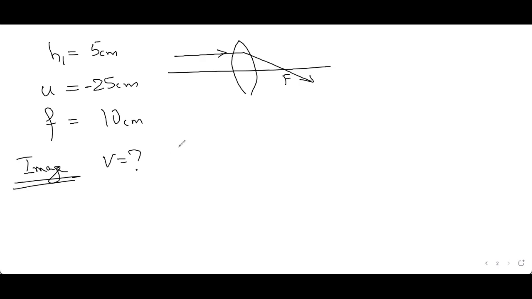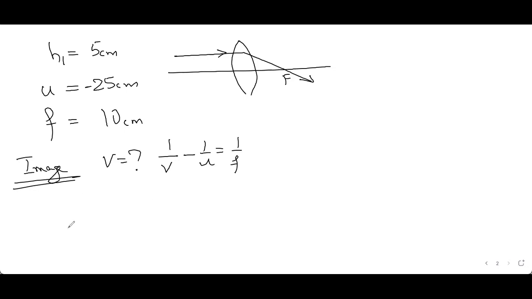What is the name of the formula? You don't need to tell me the formula, just tell me the name of the formula. Lens formula is, yes, correct. Lens formula says 1 by v minus 1 by u equals 1 by f.